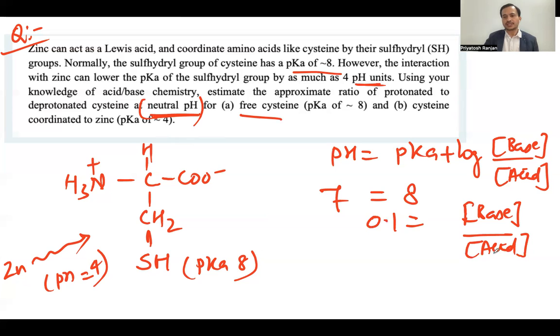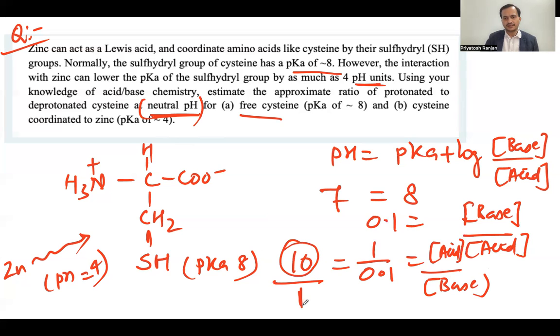Protonated to deprotonated. So I need to inverse it. So the value is going to be 1 by 0.1 equal to acid, which is the protonated form, by base. Either you can write 1 upon 0.1, or you can write it as 10 by 1.